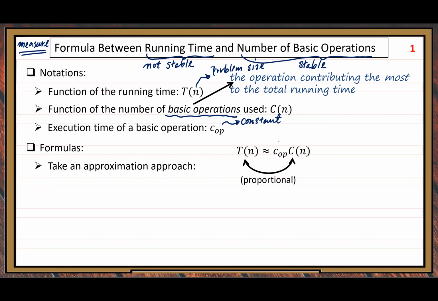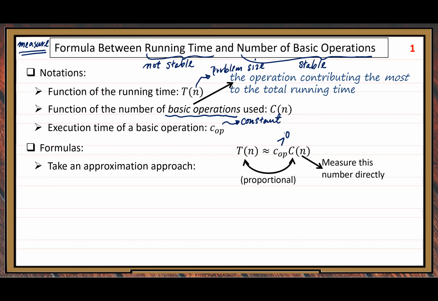To be a little more accurate, it's a positive constant. Of these two functions, T of n and C of n, we will use C of n instead of T of n.